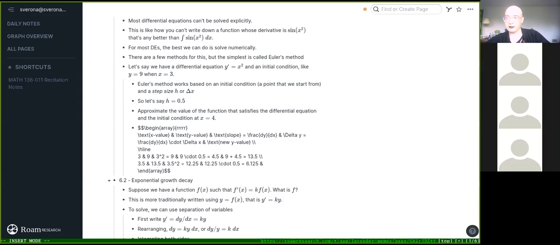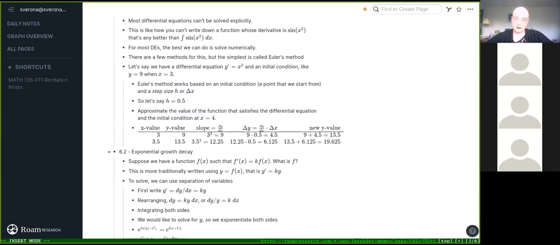These numbers get bad pretty quick, but that's okay. So my new y value is going to be the 13.5 plus 6 1/8. That's going to be 19 5/8. So there's my next step.